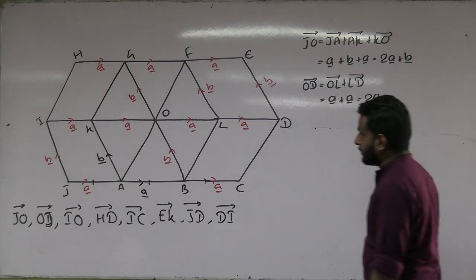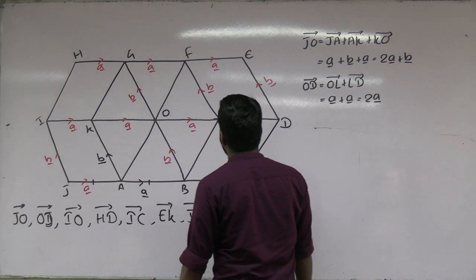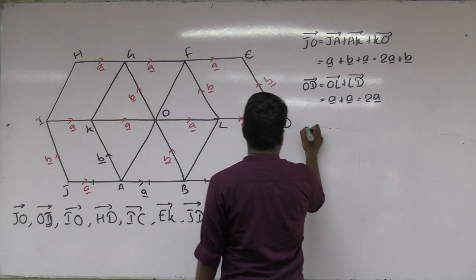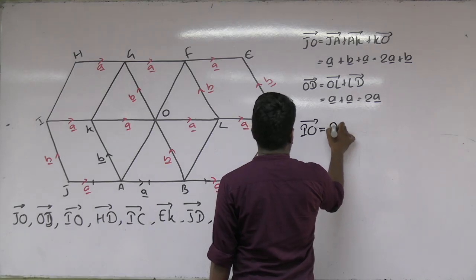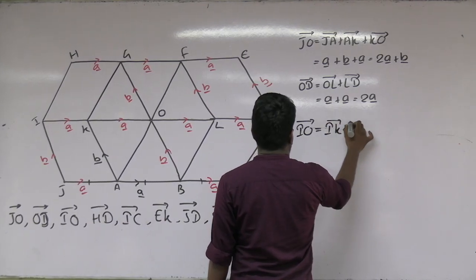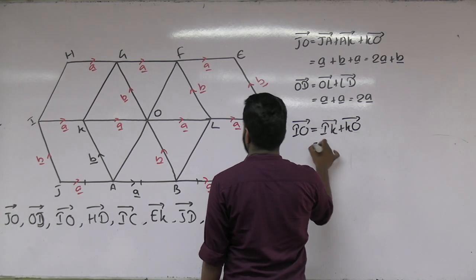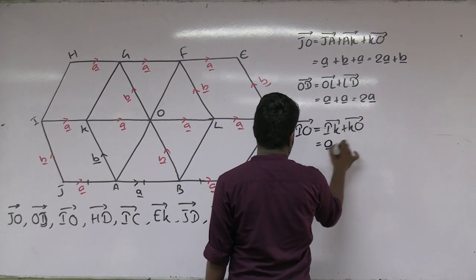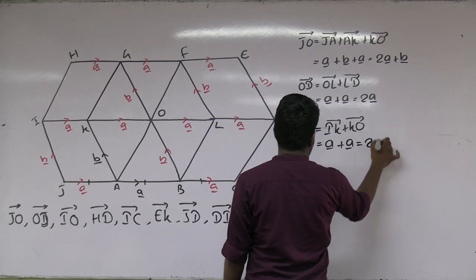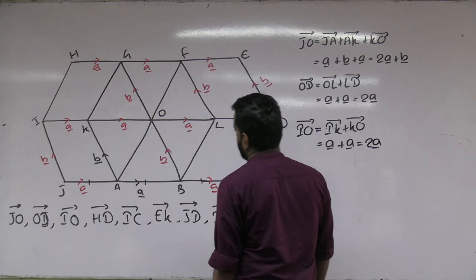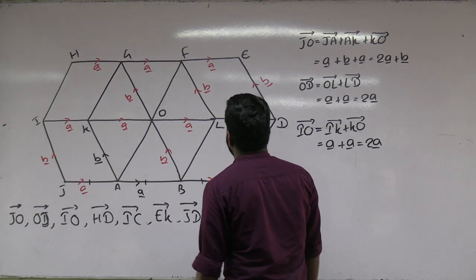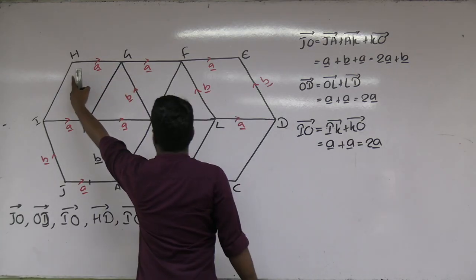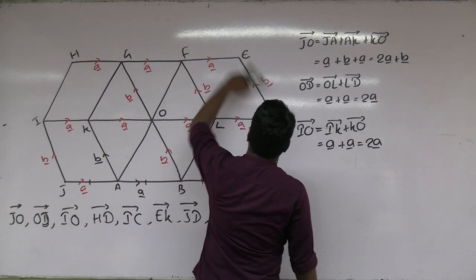Right. After OD, we should find IO. So IO is IK plus KO. So IK is simple A plus A equals 2A. And HD. So for HD we can come from this route and then here.